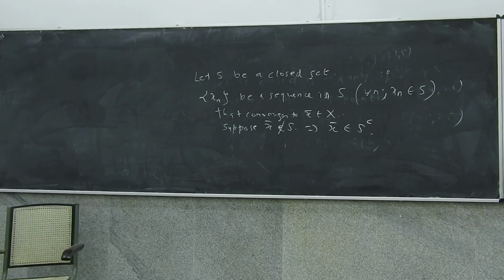S complement. Now, what is the structure of S complement? Is S complement closed or open? Open. Why? Because by definition it is the complement of a closed set. Now, can you develop the theorem from here?